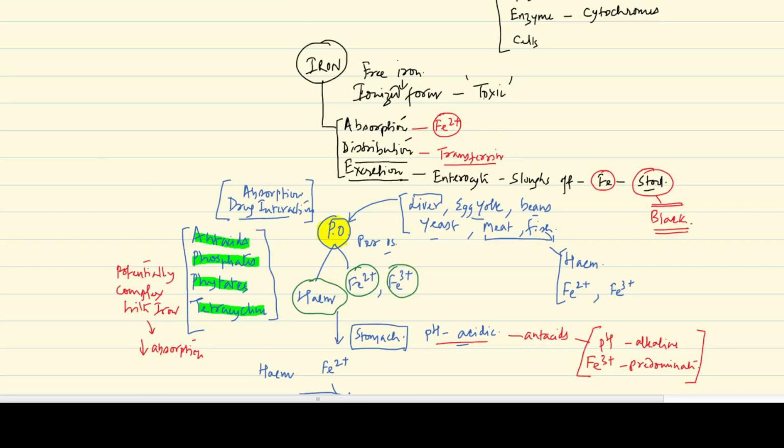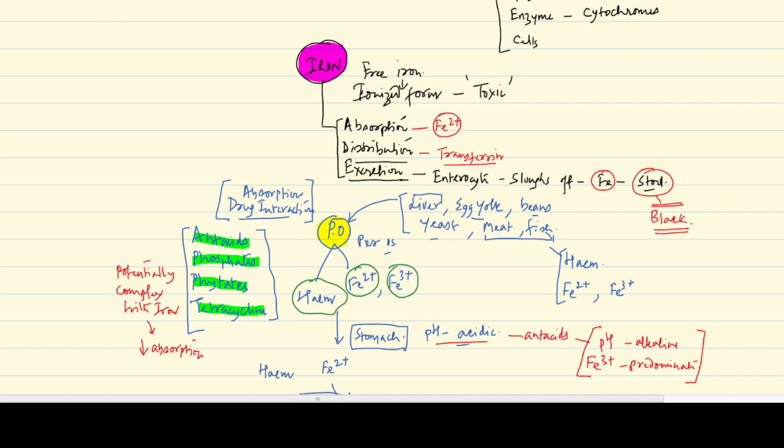We've talked about the fact that iron, if it's in its unconjugated form, when it is free, is toxic to the body. And because it's toxic, the body has strategies to prevent free iron from sticking around.